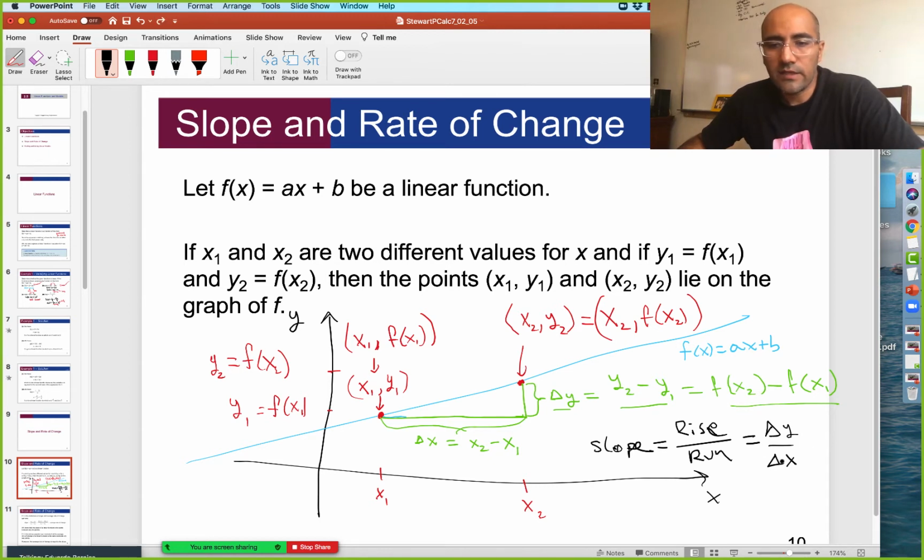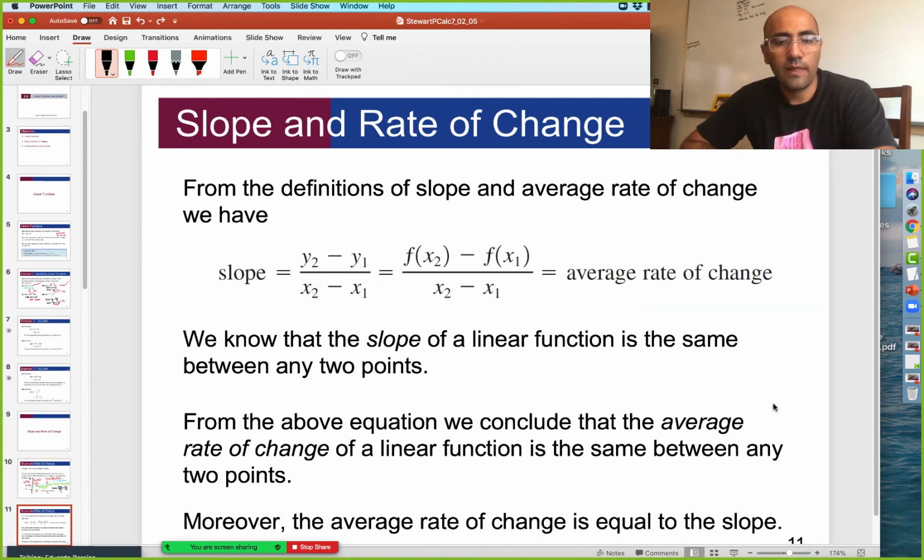Delta y over delta x, or y sub 2 minus y sub 1 over x sub 2 minus x sub 1, or f of x sub 2 minus f of x sub 1 all over x sub 2 minus x sub 1. Right? No matter how you slice it, we still keep looking at the same definition for slope, which in this case is the same thing as the average rate of change.